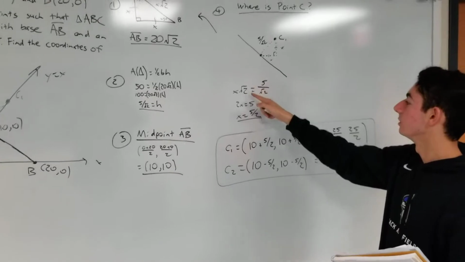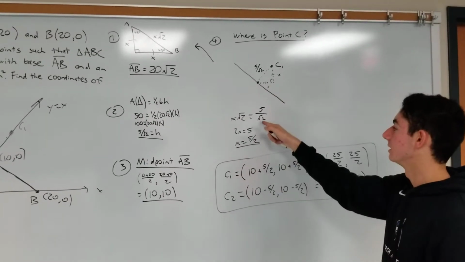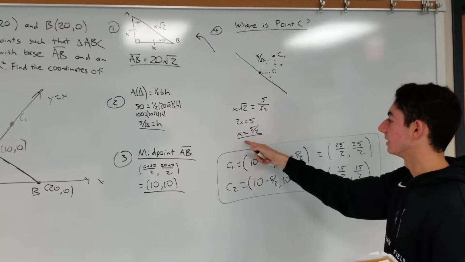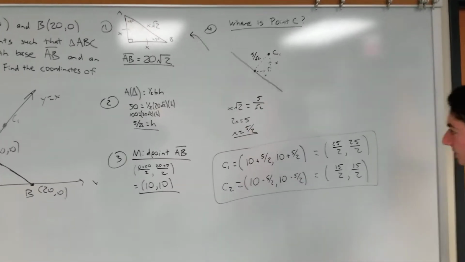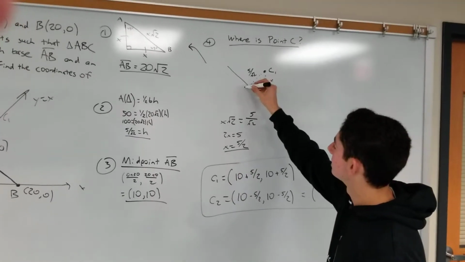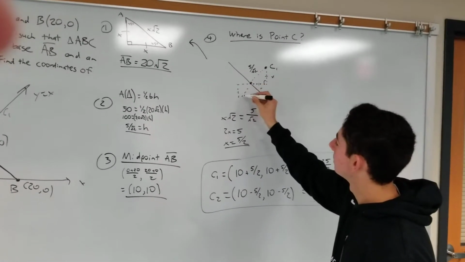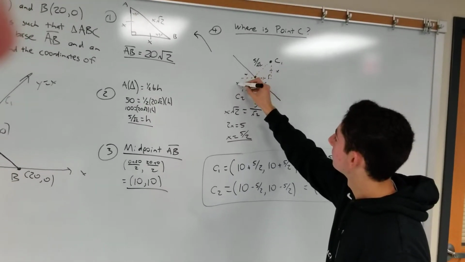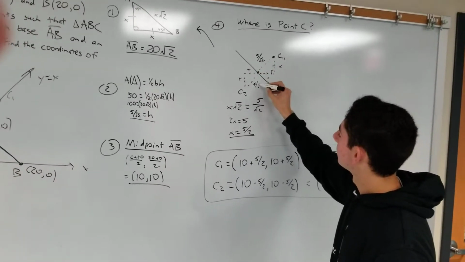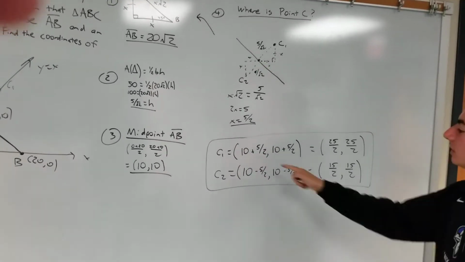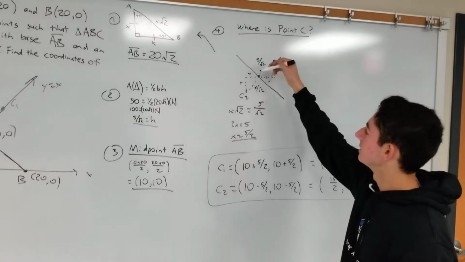So x root 2 equals 5 over root 2, and then I multiplied by root 2 on both sides: 2x equals 5, x equals 5 halves. Since we know that, and because, like I said earlier, it applies over here too, my C1 is going to be this point right here, starting from (10, 10).